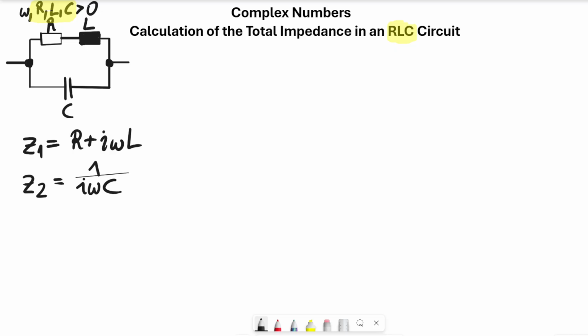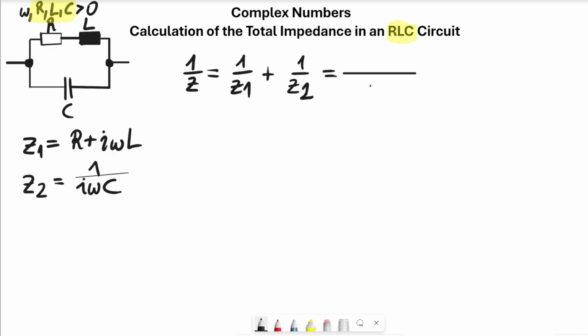So we have to bring Z1 and Z2 in parallel, and you also might learn in EE lectures that the inverse of Z is just the addition of these Z1 and Z2, and you can compute the common denominator.